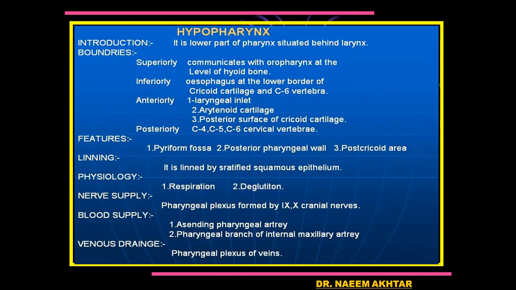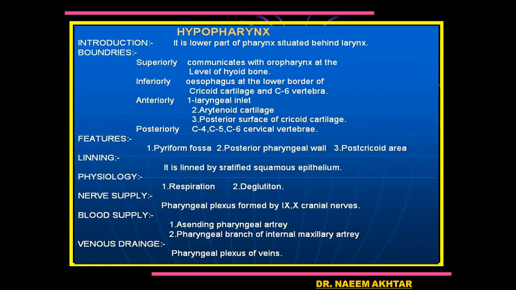The hypopharynx consists of three parts. Number one is the pyriform fossa, second is the posterior pharyngeal wall, and third one is the post-cricoid area. Hypopharynx is lined by stratified squamous epithelium. Physiologically, it takes part in two important functions.